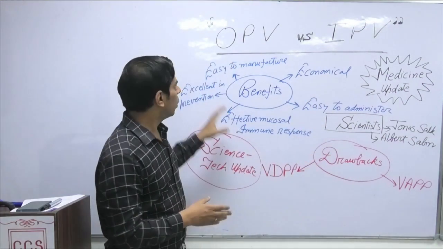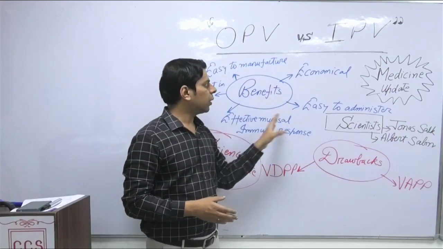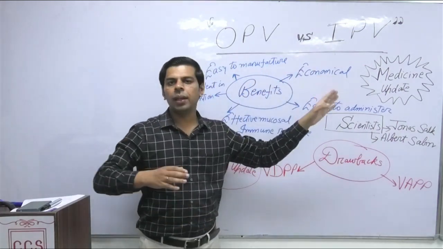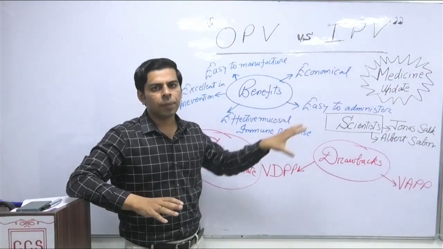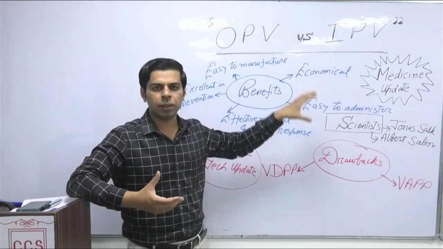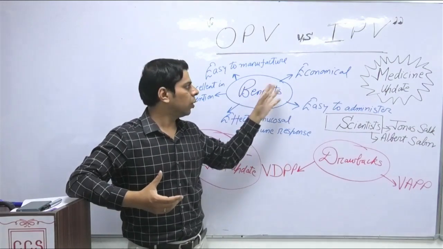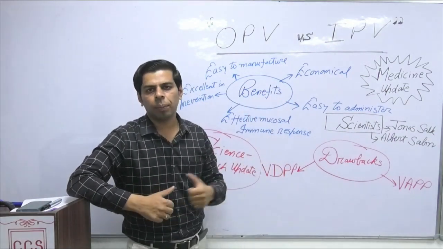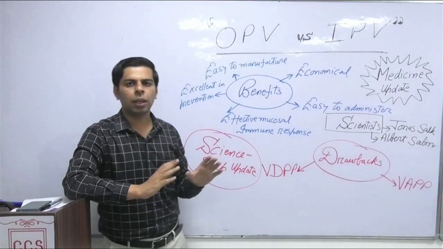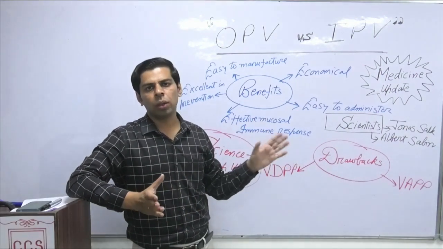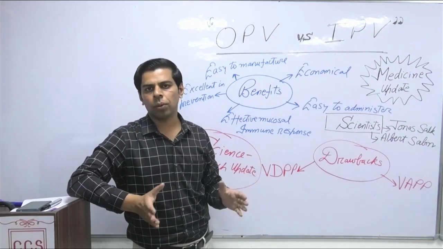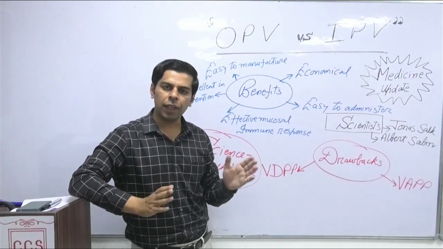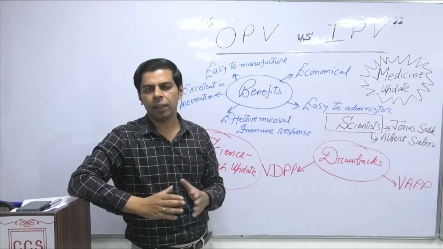Now, the benefits of the oral polio vaccine in comparison to the inactivated polio vaccine revolve around 5 E's. For the sake of mnemonics, I have simplified things for you. If you want to jot that down from a mains perspective, there is no harm, because typically this comparison will hold for most vaccines, as there are two basic protocols: either live attenuated vaccines or inactivated vaccines.